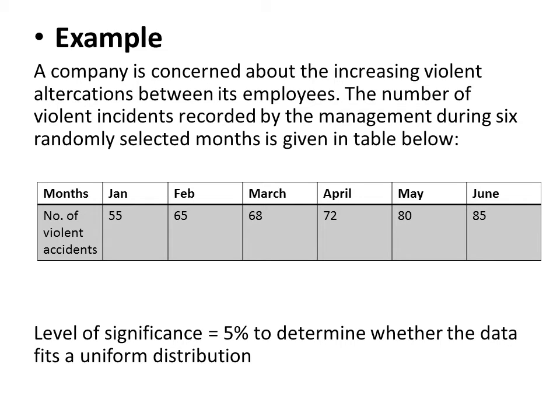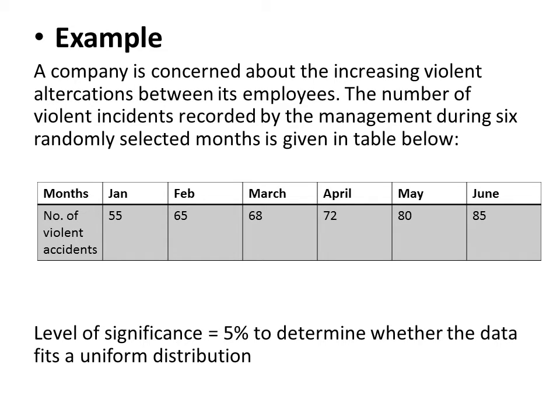The chi-square test will be more clear with the help of this example. A company is concerned about the increasing violent altercations between its employees. The number of violent incidents recorded by the management during 6 randomly selected months is shown in the given table.